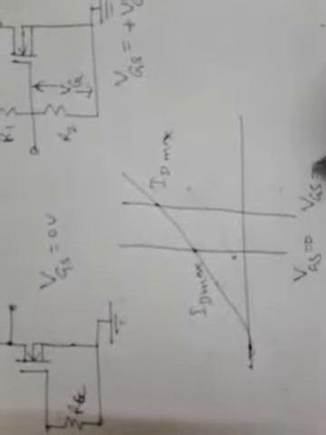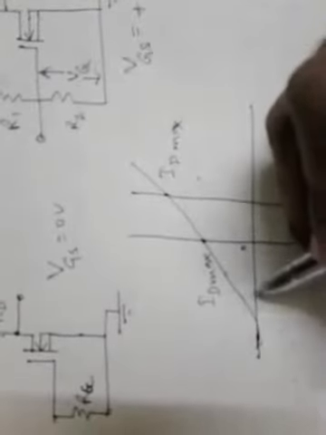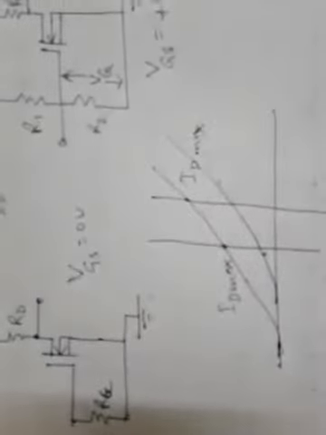It will be shifted positively, so VGS equal to VG will be to the right of VGS equal to 0. Now the second bias line would be like this. So for the first circuit this vertical line is the bias line, and for the second circuit this is the bias line.